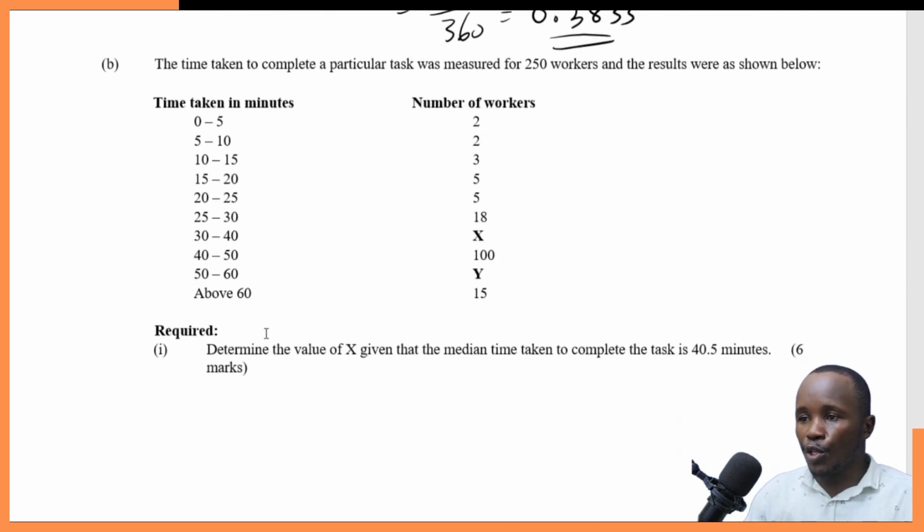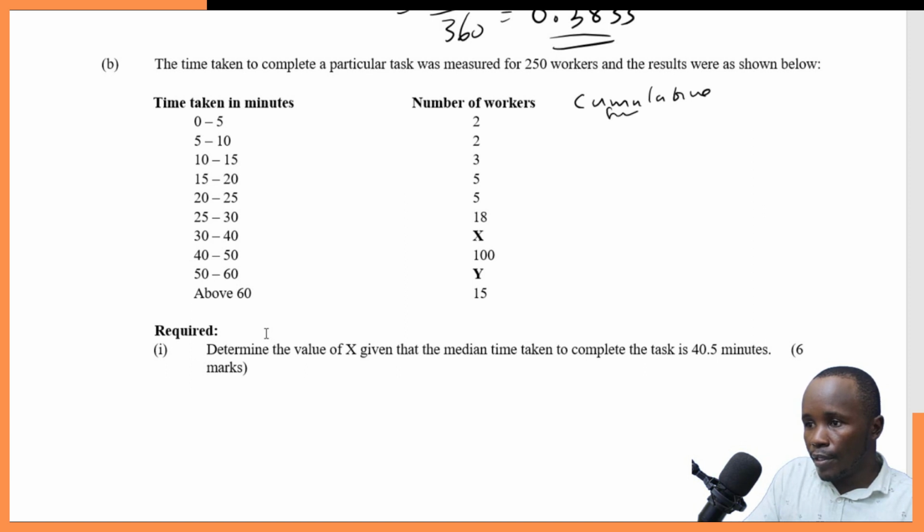We move to this question here, where you are told that the time taken to complete a particular task was measured for 250 workers, and the results were shown. What is missing here is the cumulative frequency. How do you get the cumulative frequency?